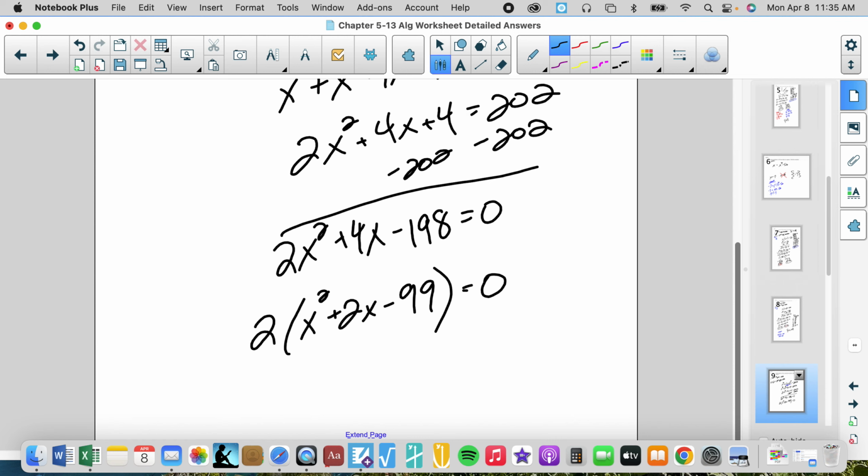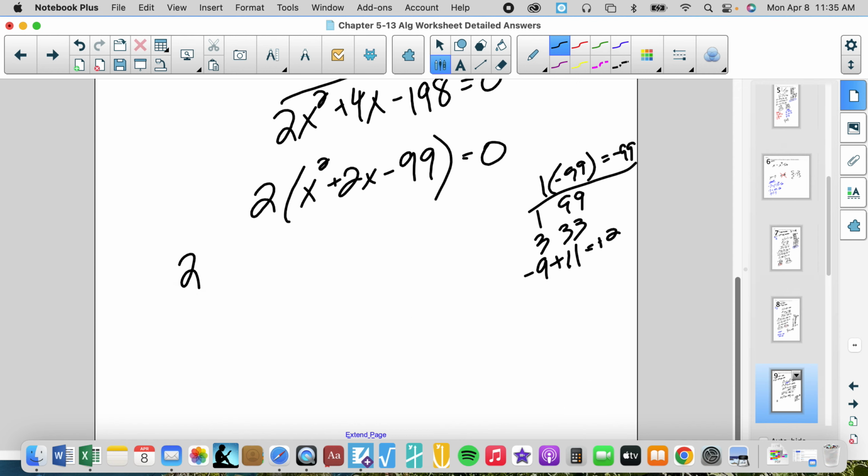And now we're going to do a times c. A is 1, c is negative 99. Factors are 1 and 99, 3 and 33, 9 and 11. Signs are different. Bigger is positive. That's my positive 2. So we get x squared minus 9x plus 11x minus 99 equals 0.